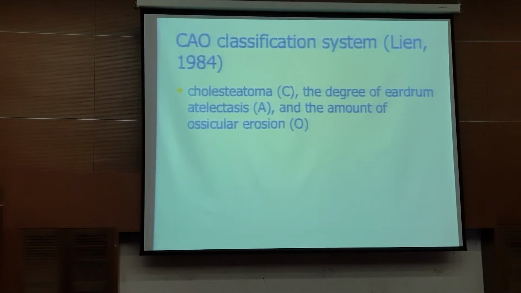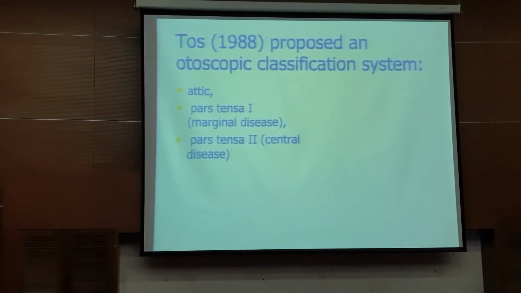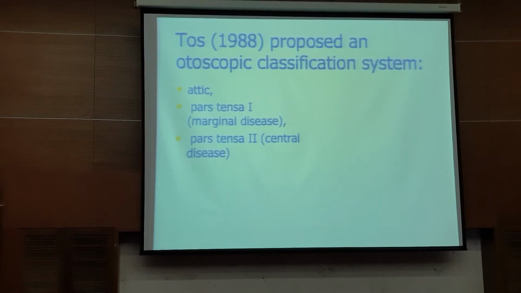This is a history. Another classification, 1988, divided into the site of the cholesteatoma, either active, Tos, whereby you can see there is a marginal perforation, or Tos 2, there is a presence of central disease. In other words, there is central perforation.